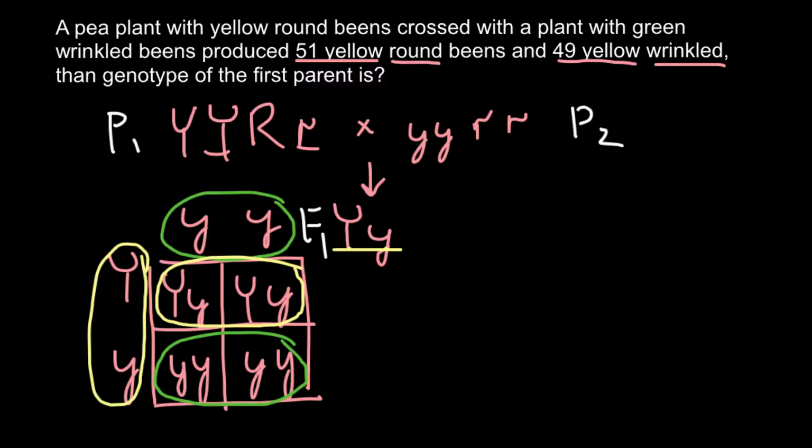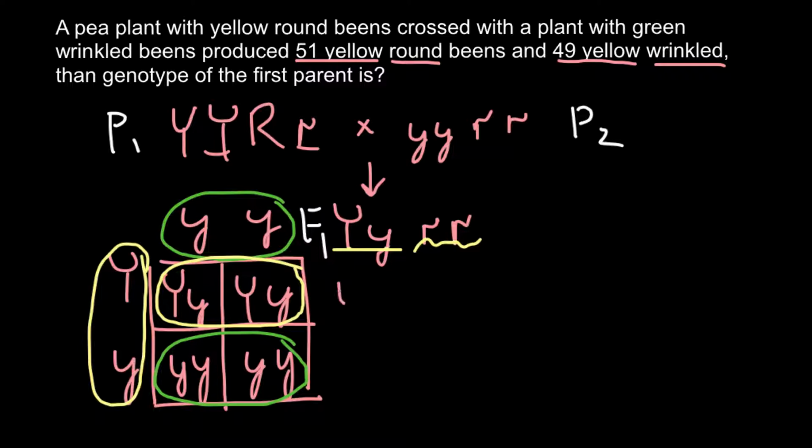Then in the progeny we would see two variants. We may have small r small r, and that means yellow and wrinkled.